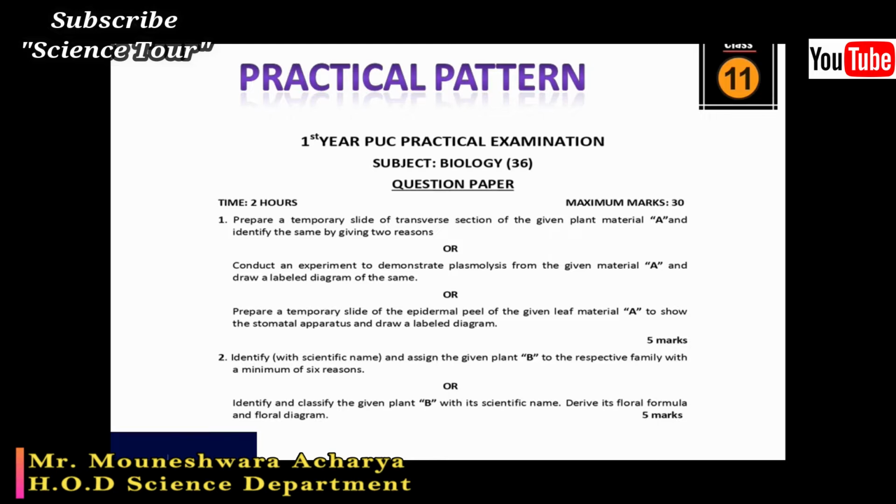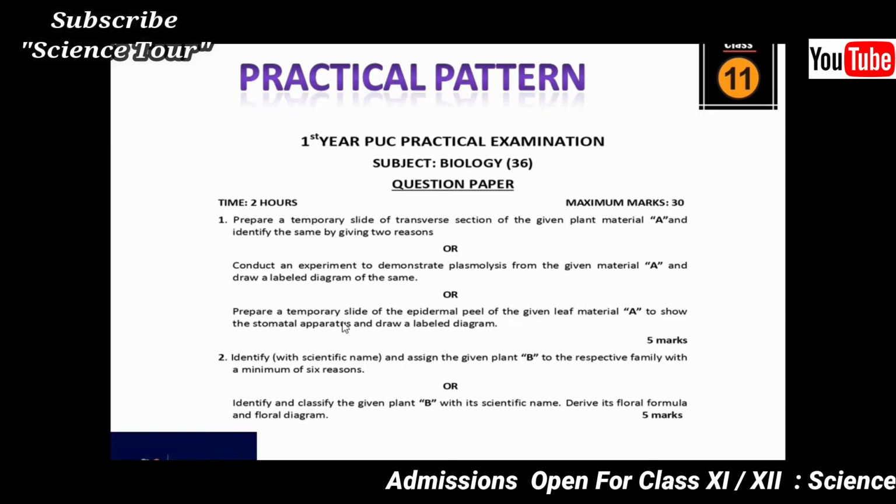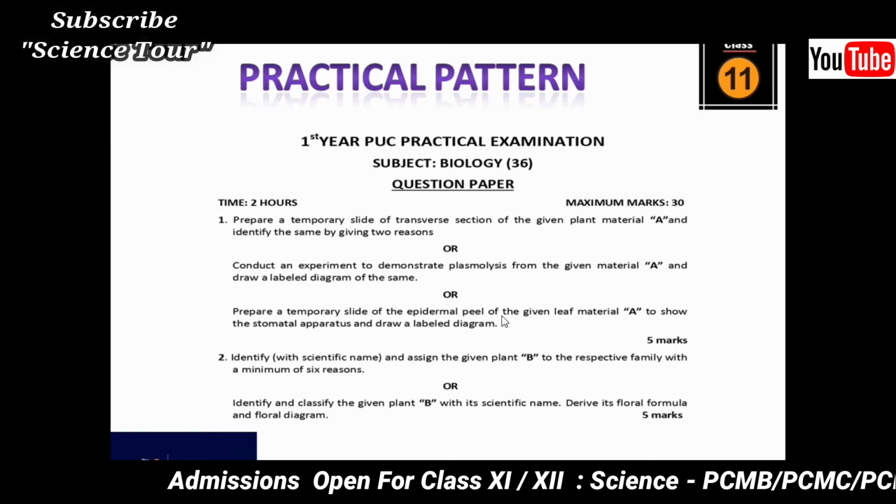and you have to give the reasons why you have identified that particular material as either stem or root. This particular question is of lot, means they will put the lot. You have to select one lot or chit. Then whatever experiment comes, that you have to perform. Either it may be preparation of a temporary slide or conduct an experiment, that is the second one, to demonstrate plasmolysis, or maybe prepare a temporary slide of epidermal peel.